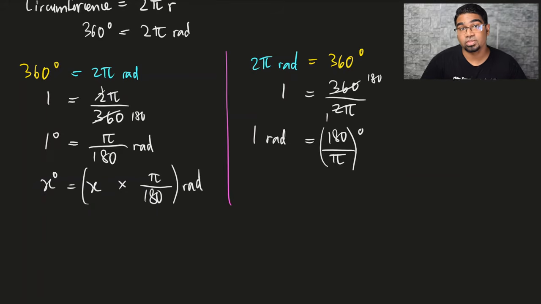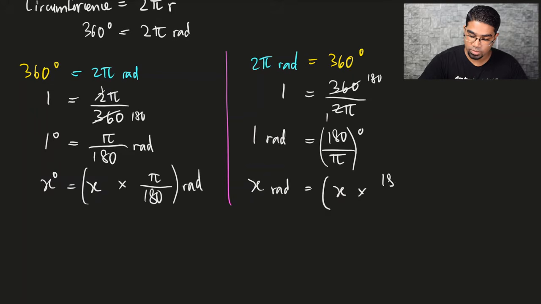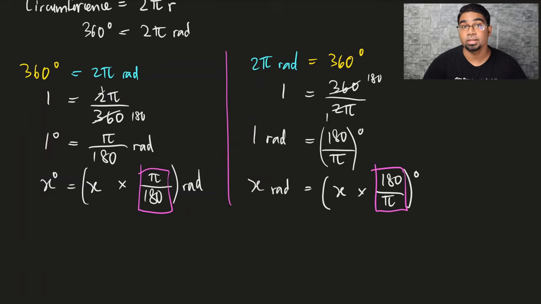Again, we apply the extension of this logic: if there were x radians, it will be equal to x times 180 over pi degrees. So notice here that these two are reciprocals of one another. It's either pi over 180 or 180 over pi.